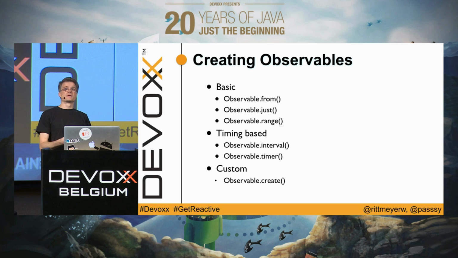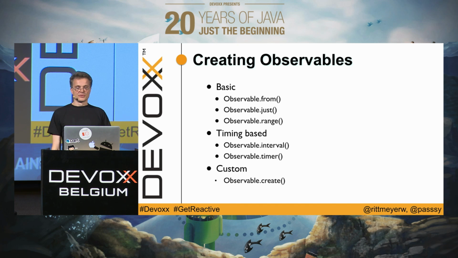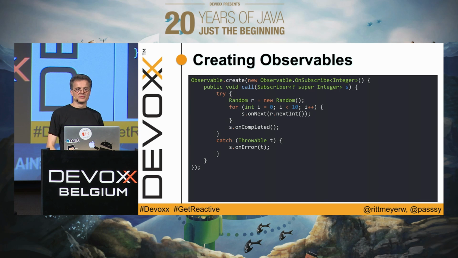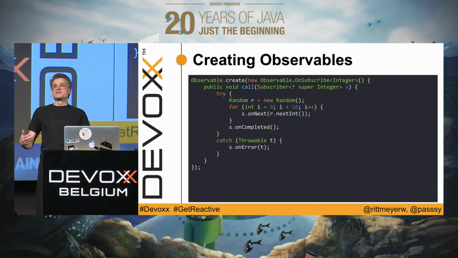Say you want to wrap your cursor in Android, you could do this with Observable.create. And Observable.create is not necessarily the creating operator you use the most, but it's the most interesting one. So I'm going into a bit more detail about this one. So again, at the very top, you have this Observable.create.